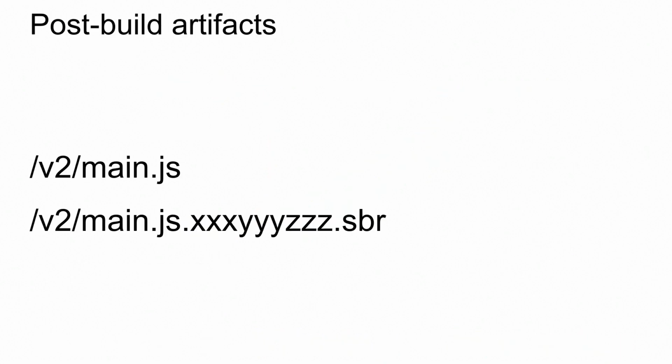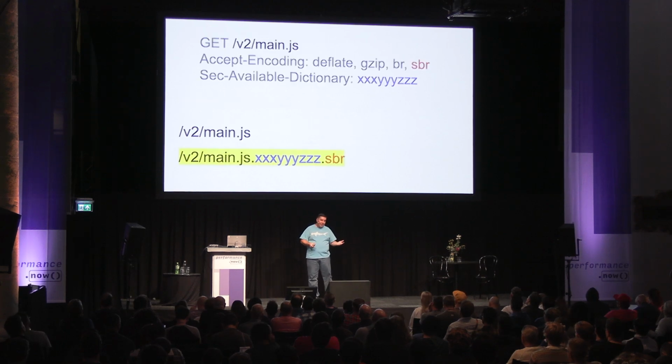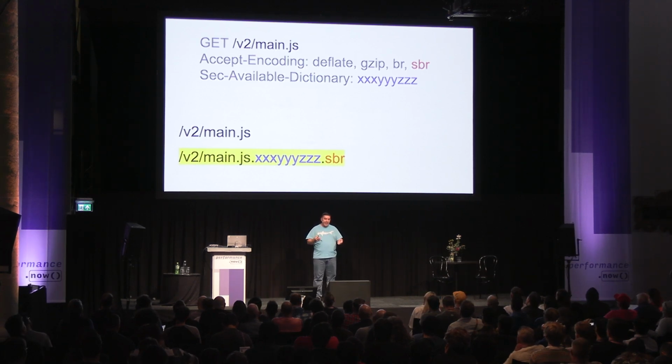And so what that gives you at the end is you have your main.js as well as versions of your main.js that are delta compressed against previous versions that have the hashes in the file name, and they're just all sitting there in your release directory available to be used. And when the browser requests it, the edge server, your application code, can basically go, hey, it has this dictionary available.